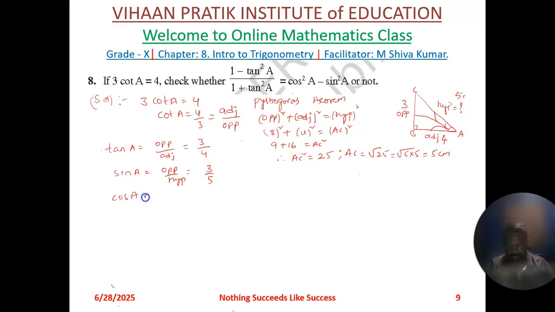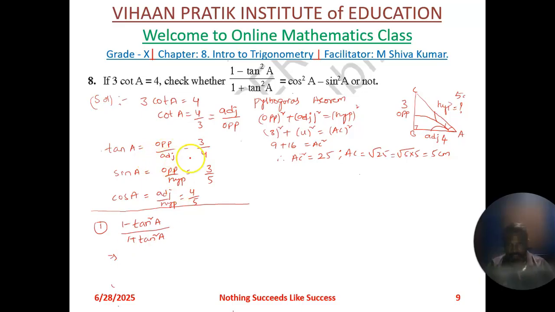Cos A equals adjacent by hypotenuse, which is 4 by 5. Right. Now we'll find the ratio (1 minus tan square A) divided by (1 plus tan square A).